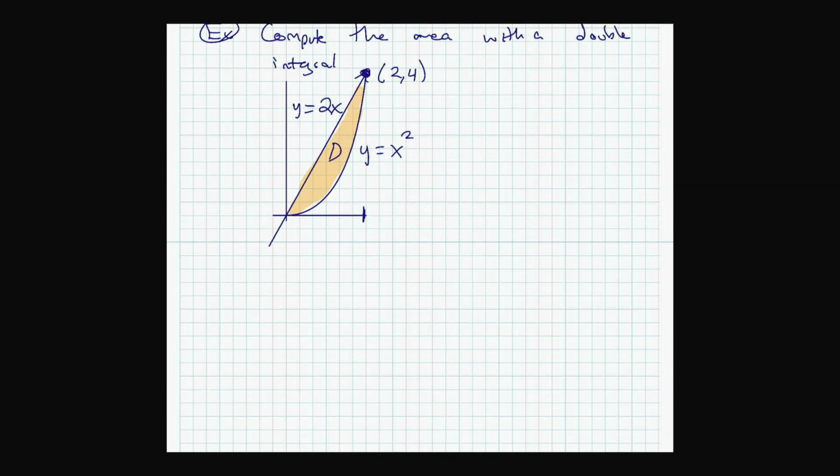Well, we know it's a double integral over D of just dA, which is dx dy, or dy dx, depending on which way you do it. So how would you describe this region? You got to think about how to do that.